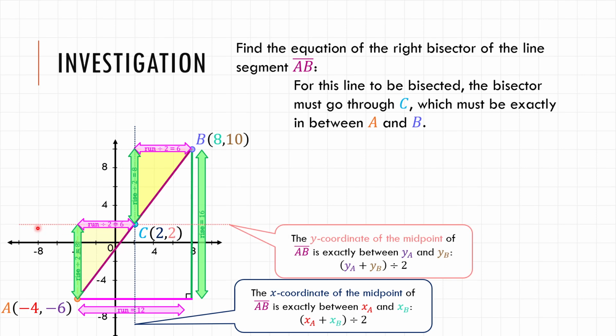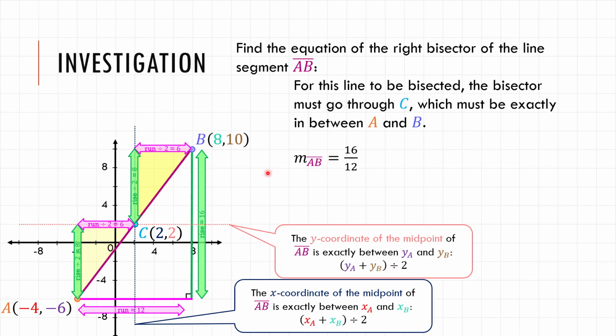That's where the coordinate has to go on the y-axis. And we can see that that distance and that distance are identical. That means this must be right in the middle of the endpoints' y values. To find that out, all I have to do is take y_A and y_B and average them together: add them together and divide by 2.